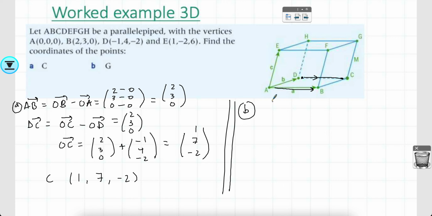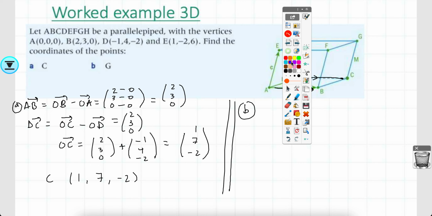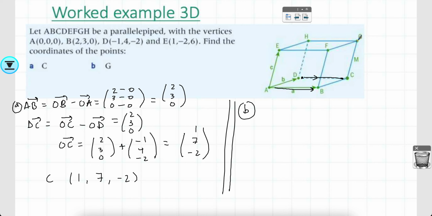And then part B, we do something similar, but for G, you can see it's a movement here. So if I can look at A to E, I can then apply it to C to G. So A to E would be OE minus OA. Similar to the beginning step, it will just give you 1, -2, and 6.